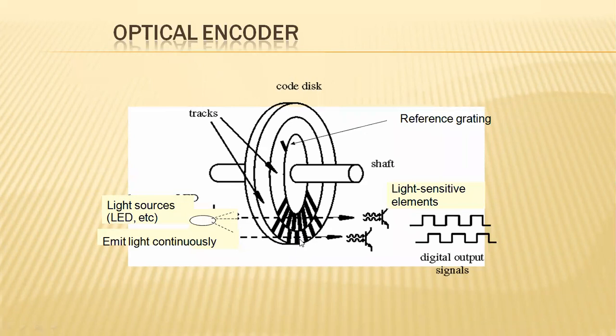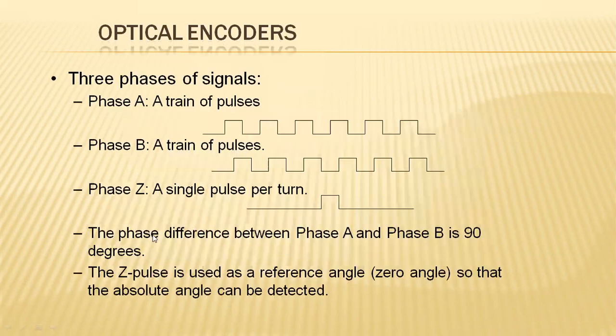Wherever the black orientations exist, they don't allow the light rays, so no pulse will be generated, and this will be in zero mode. The digital output will be square wave representations, right? And the phase difference between A and B is 90 degrees. With respect to Z, the reference angle is zero.